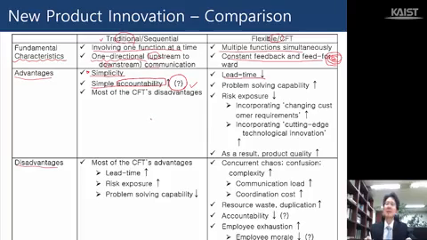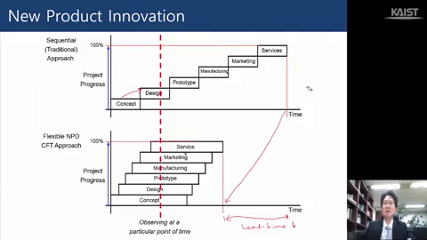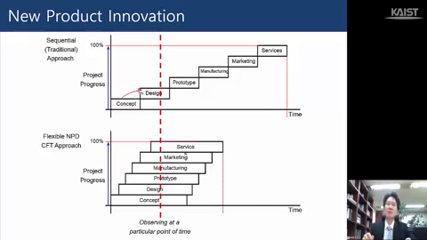And then I want to look at the second advantage of the flexible approach, which is that problem solving capability increases. Let me explain what it is. Okay, let's say again, this is the general context of these two approaches. Let's look at the sequencer traditional approach first.